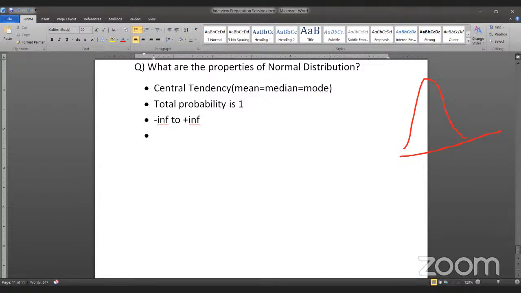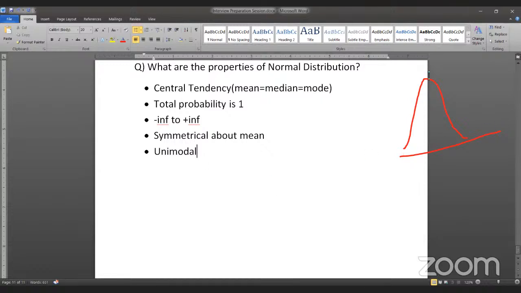Apart from this, yes, the probability of a single point is zero. It is also symmetrical about the mean. Then it has only one mode, or is unimodal.